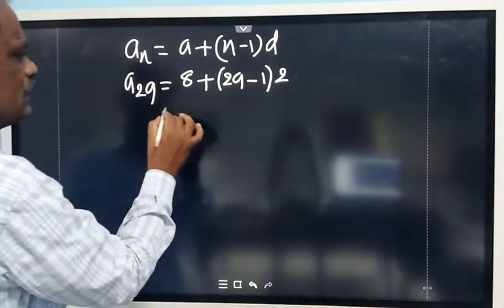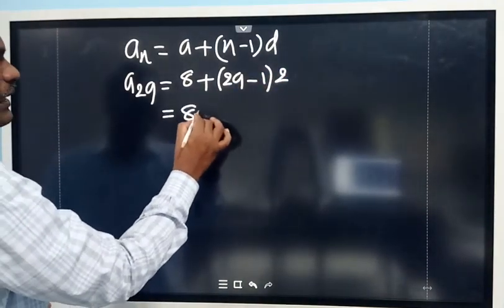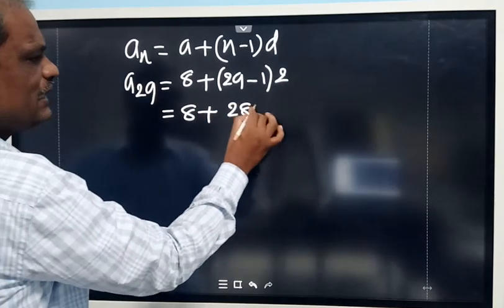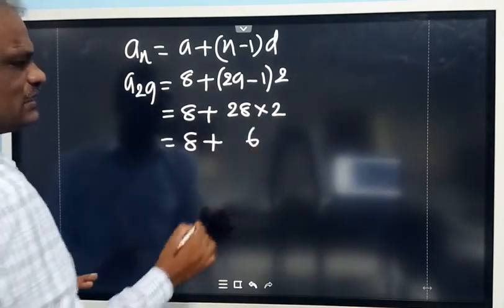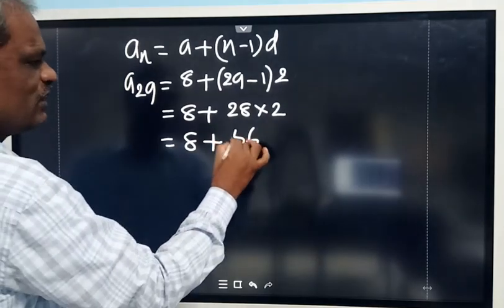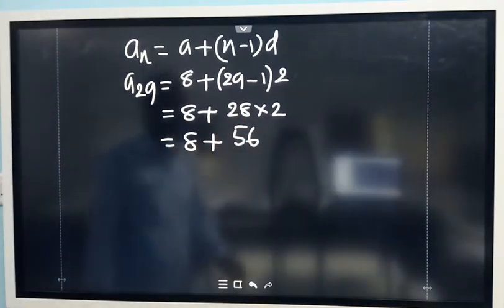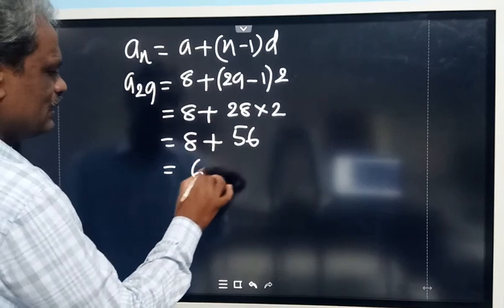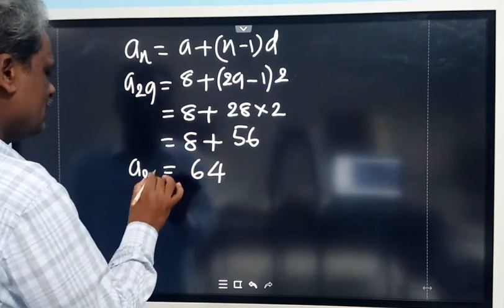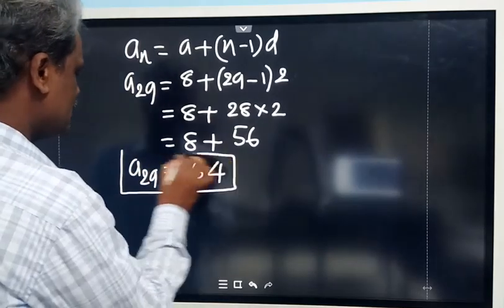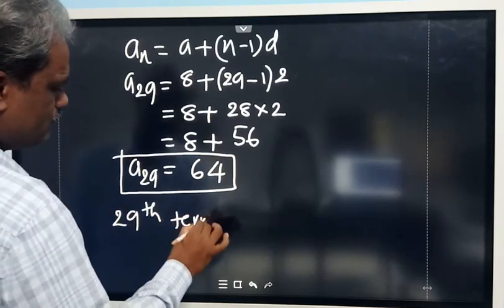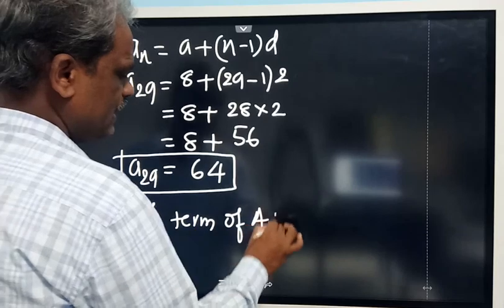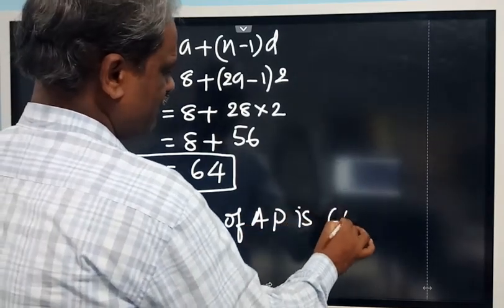Simplify this: 8 plus 28 into 2. 28 into 2 is 56, then 56 plus 8 is 64. So the 29th term of the AP is 64.